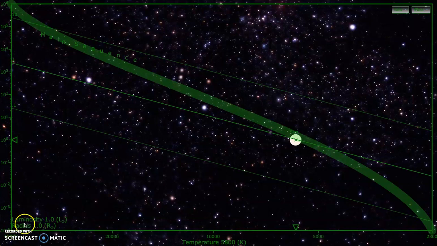Our other axis, luminosity, also has something kind of weird about it. If you look at its units, I have 10 to the 0. That means 1. And this is measured in terms of luminosity of the sun. This little L with a circle and a dot means compared to the sun. Because we live here in our solar system, we compare all other stars to our sun.